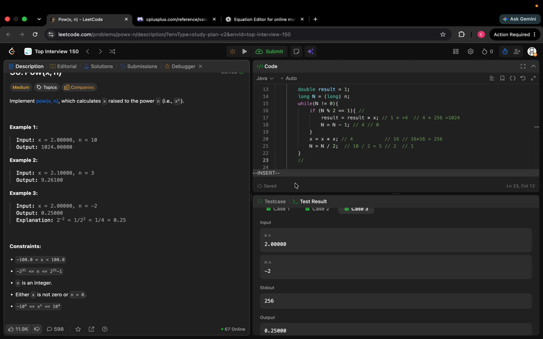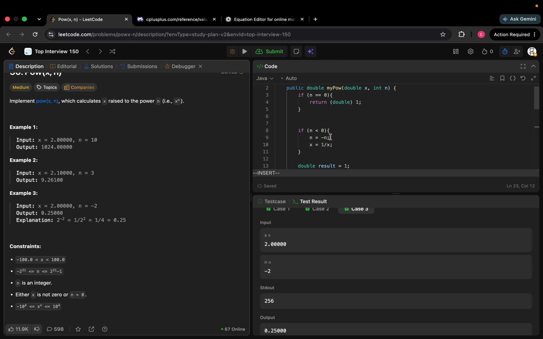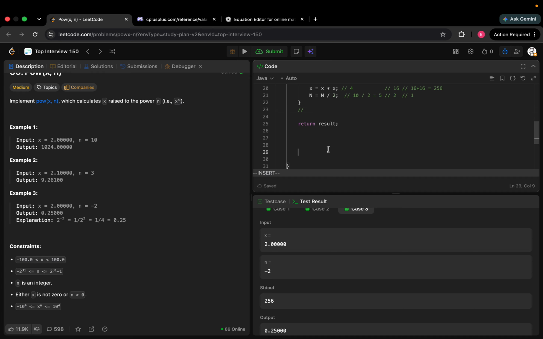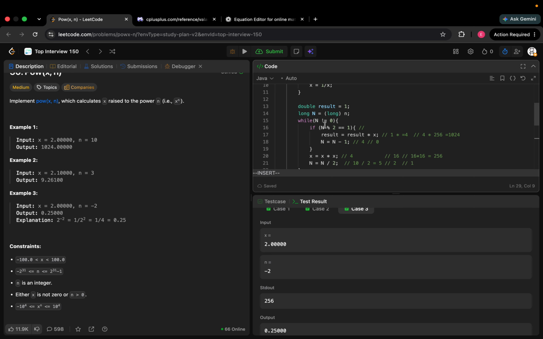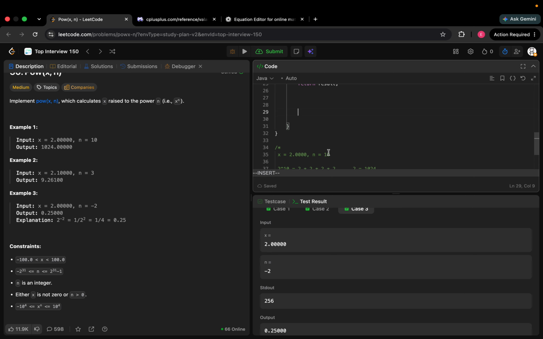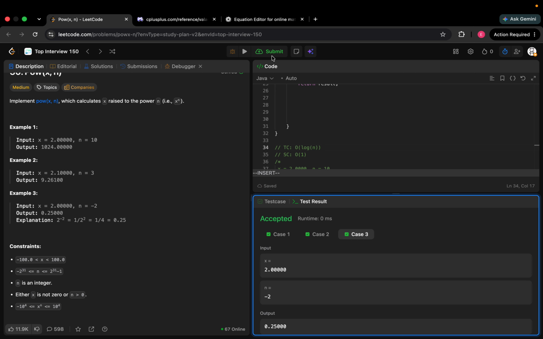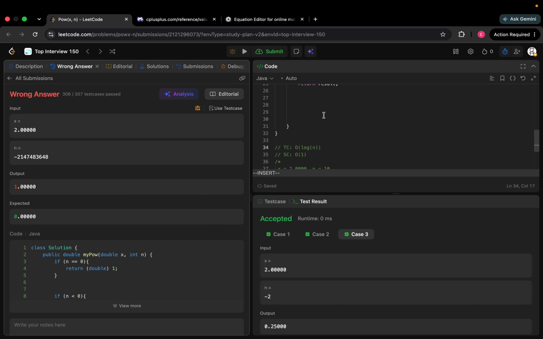Yeah. And I think for the time complexity, there's no extra space I took, and for the time, every time it is divided by 2, so the worst case would be like a binary search, a binary tree. O(log n) time, and space should be O(1), I didn't create extra space. Ooh, wrong answer.